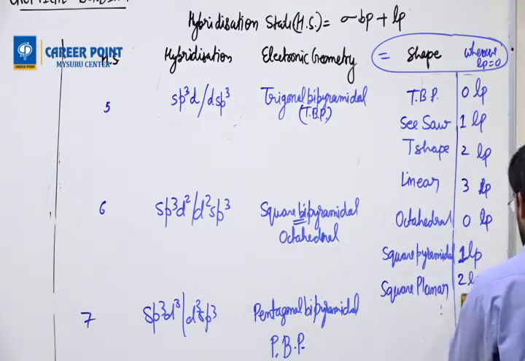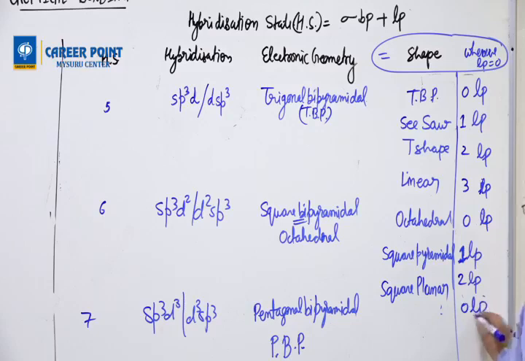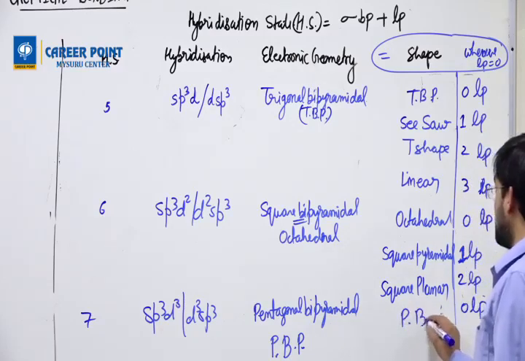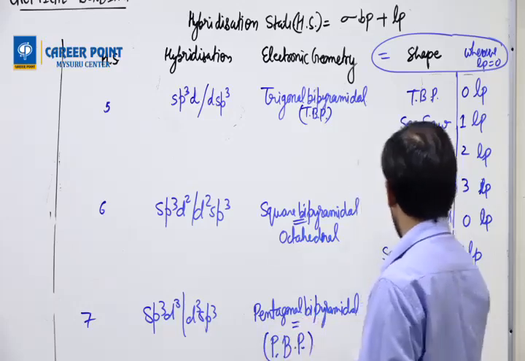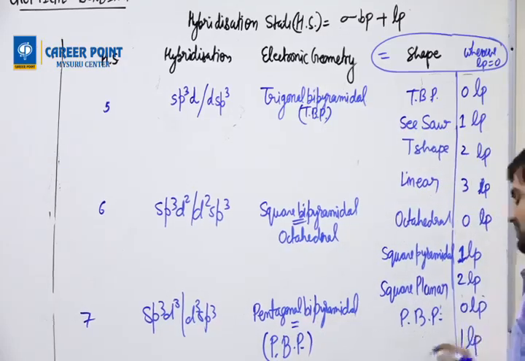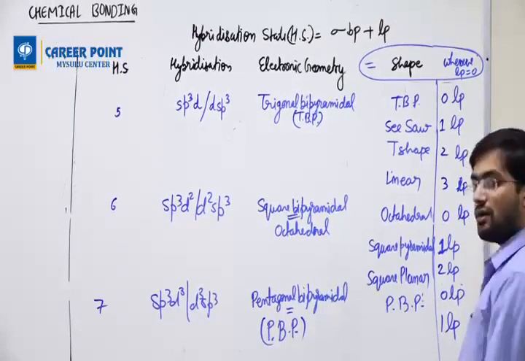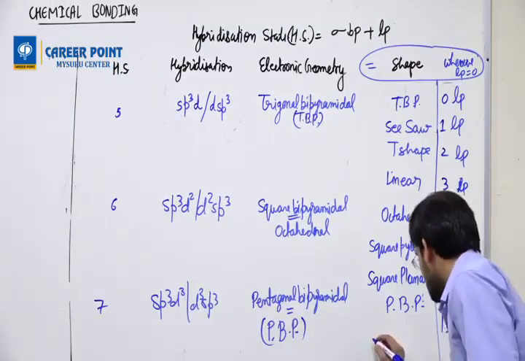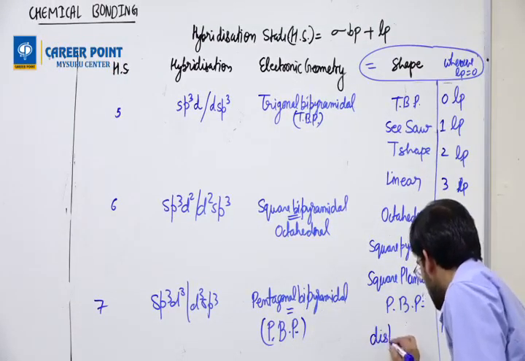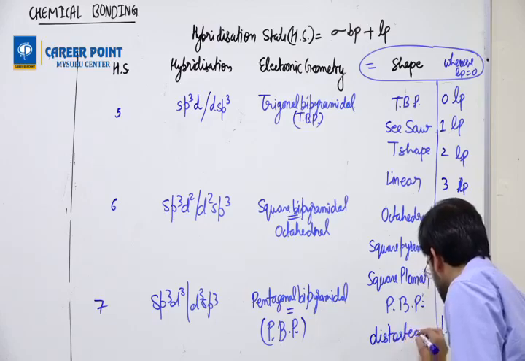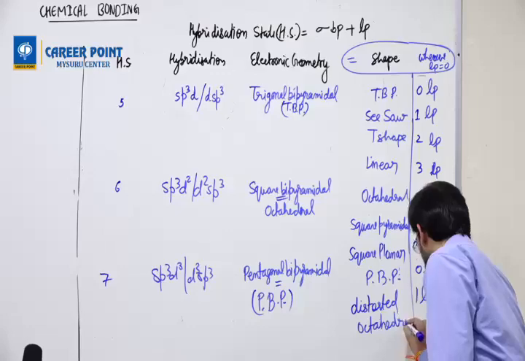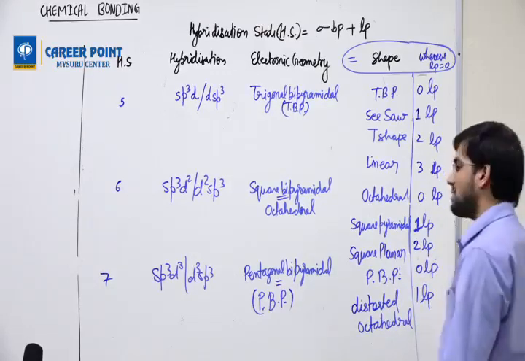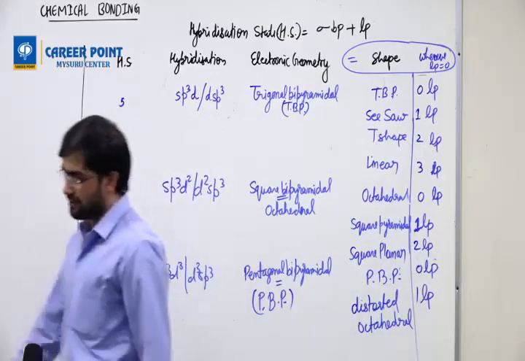If you have zero lone pair, its shape is known as PBP, pentagonal bipyramidal. If you have one lone pair, it is known as distorted octahedral. And more than one lone pair you will not have.